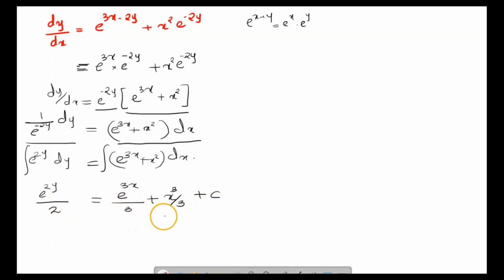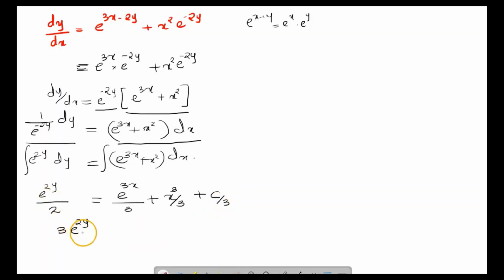So this is the integral. Now we can take 2 to this side and 3 to this side. So we can simplify as 3 into e raised to 2y. Let it be c by 3; this is a constant, so we can take c by 3 as a constant.